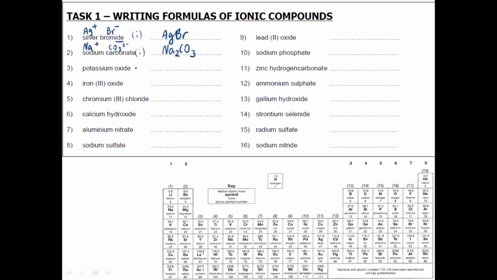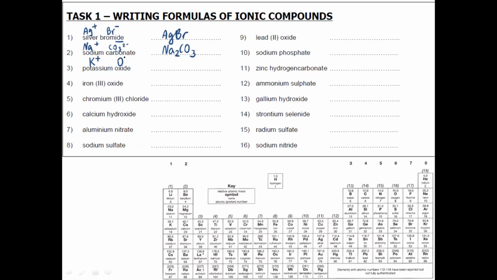Potassium oxide, metal, non-metal, another ionic one. Yeah, so they're all going to be ionic in here. Okay, so potassium oxide. Potassium is K, oxide is O. Potassium is group 1, so it's a +1.